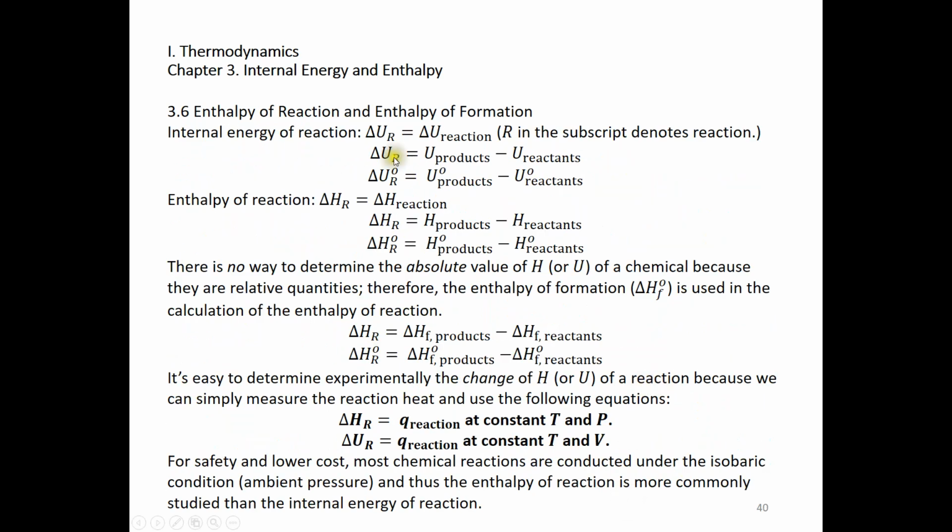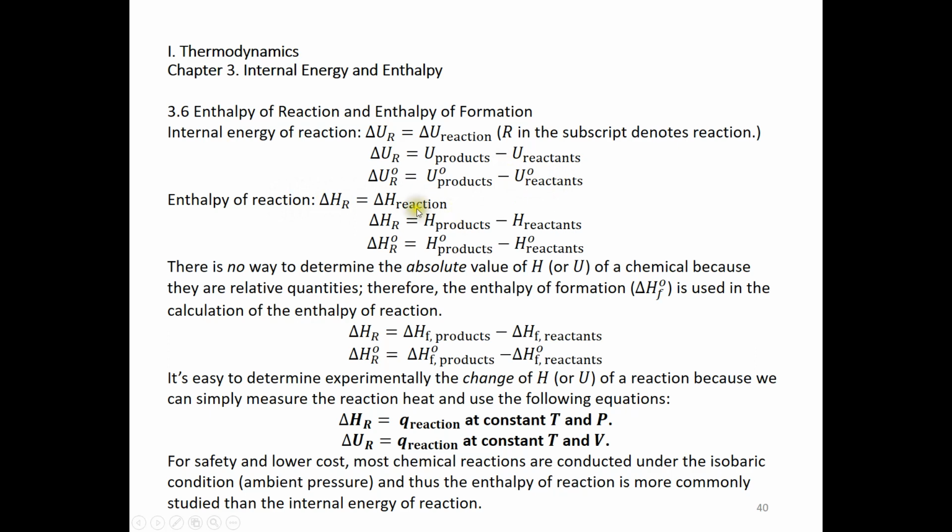Now we have a bunch of equations for the internal energy of reaction and enthalpy of reaction. For example, the internal energy of reaction is simply the internal energy of products minus the internal energy of the reactants. And specifically, if all chemicals are in the standard state, we can put a superscript naught for this internal energy of reaction and also for the internal energy of products and that of the reactants.